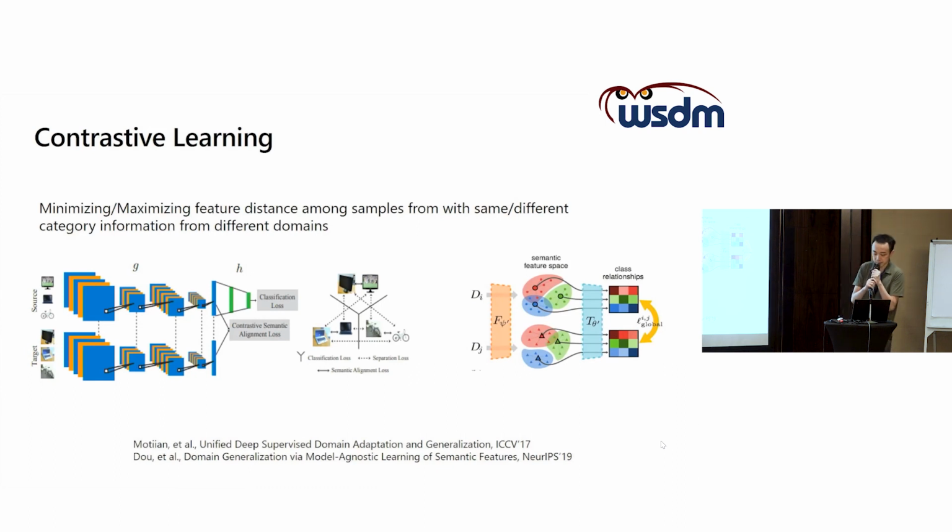And of course, one can also apply both the sample-based alignment and the distribution-based alignment jointly. In this way, these two works found that better performance can be achieved.